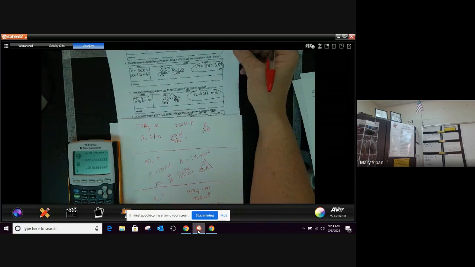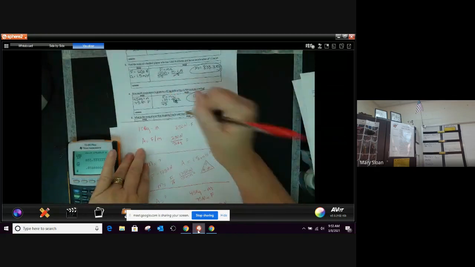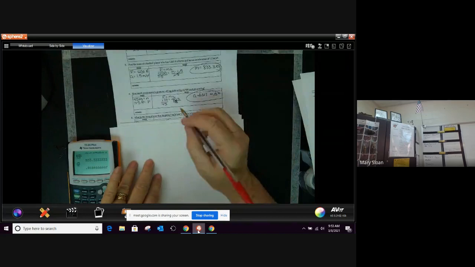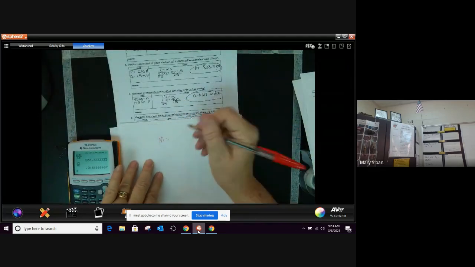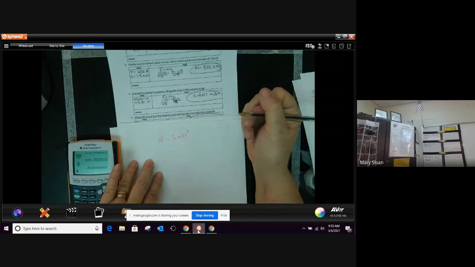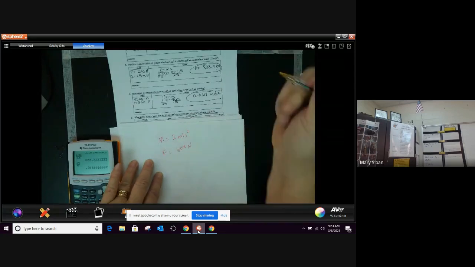So then the next one tells me, what is the mass of a car going at 2 meters per second that then hits a tree at a force of 6,000 newtons. Well, my mass of the car is equal to 2 meters per second squared. Says my force is 6,000 newtons.